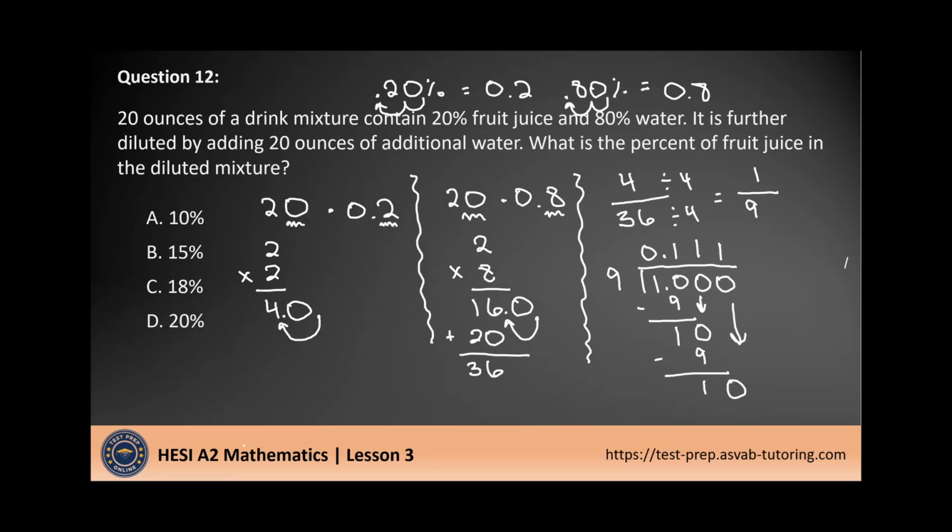Let's bring the decimal here. Okay, so our answer is 0.1 repeating. It's going to go on forever. To turn that into a percent, we'll move the decimal 2 places to the right, which leaves us with 11.1 repeating percent, which is approximately answer A.